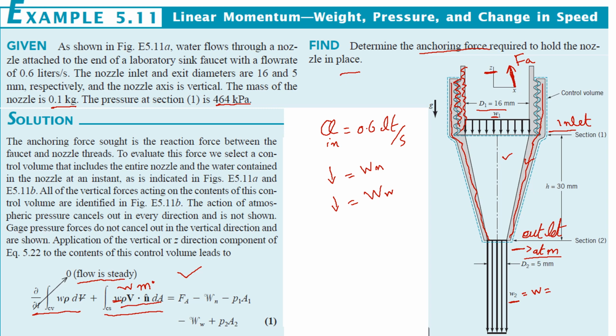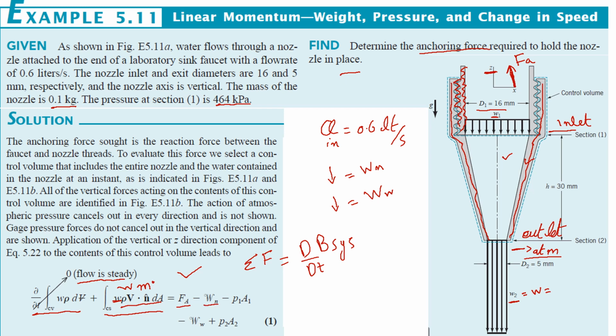And on the right hand side we are going to add all the forces, because, remember, we have to add our forces, which these terms gave us in the previous slide. So first is the anchoring force. It is directed upward along the positive z-axis, so there is a positive sign here.